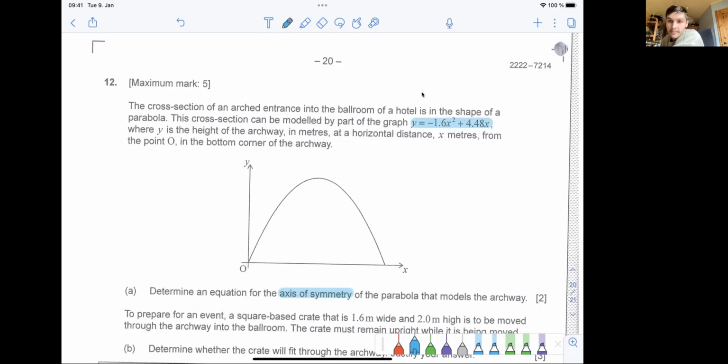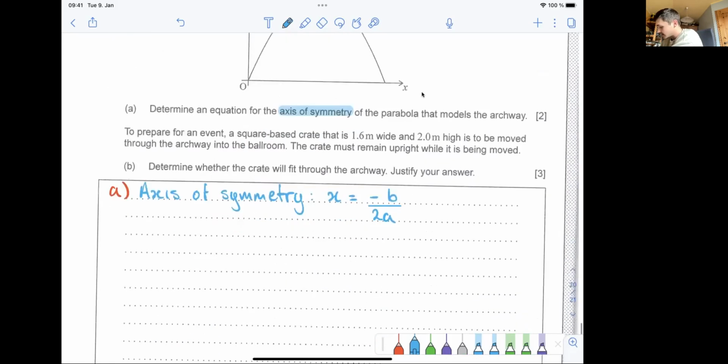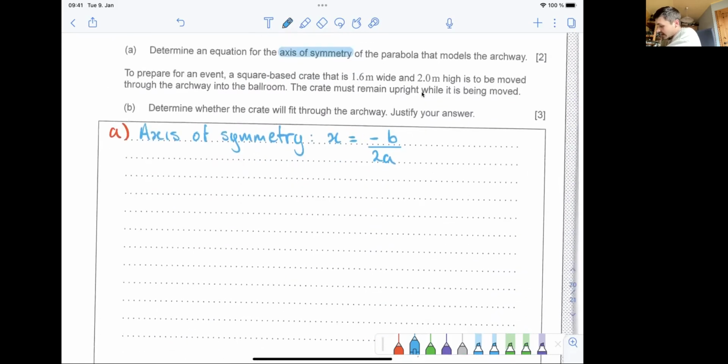You do have a formula in your formula booklet for the axis of symmetry, and I have written that down here. It is x is equal to negative b divided by 2a. In our circumstance, we have a is equal to negative 1.6 and b is equal to 4.48.